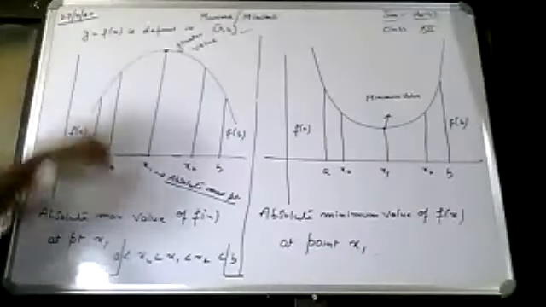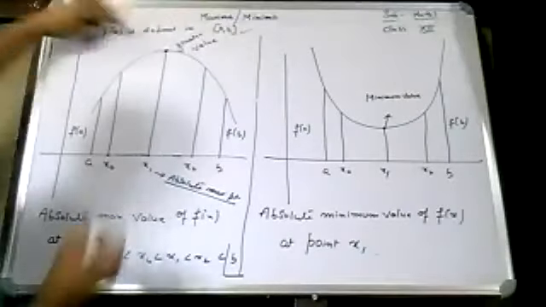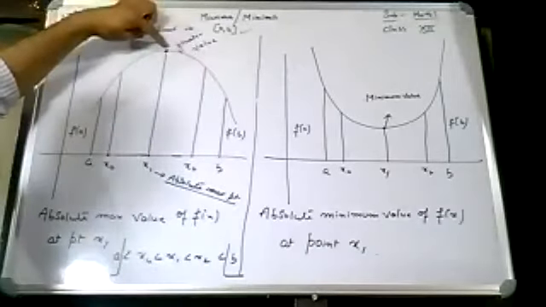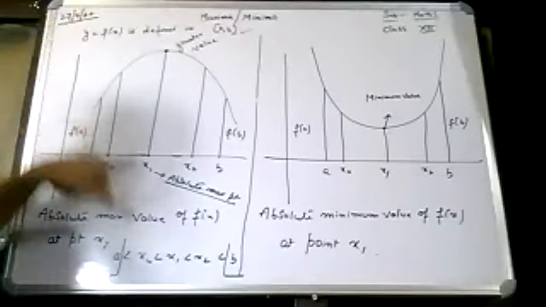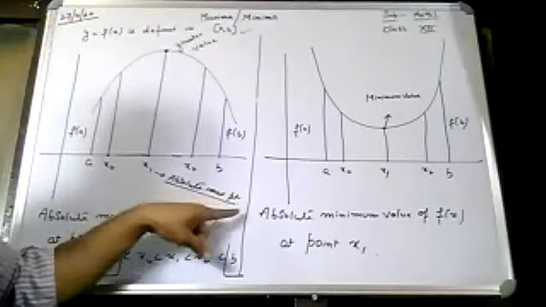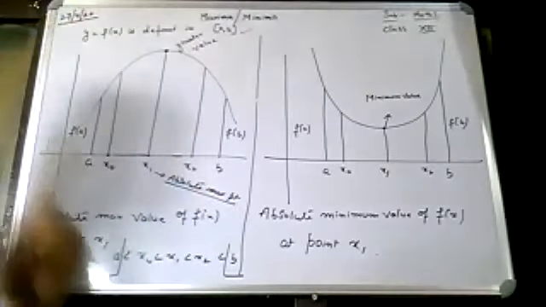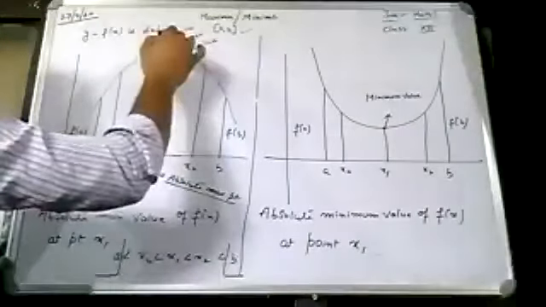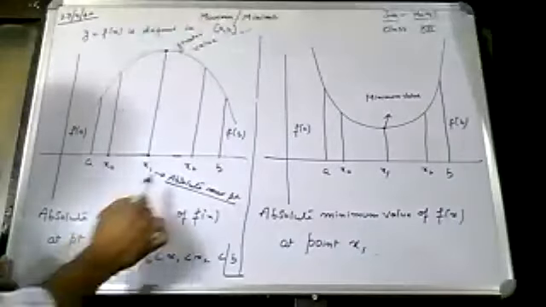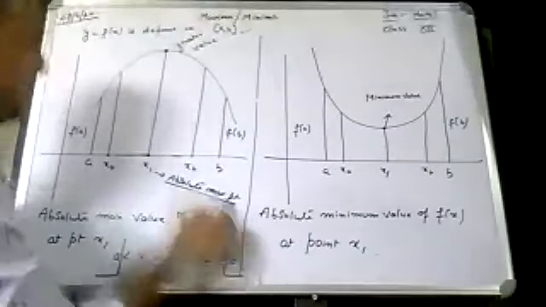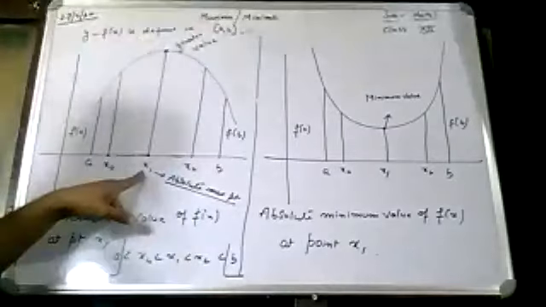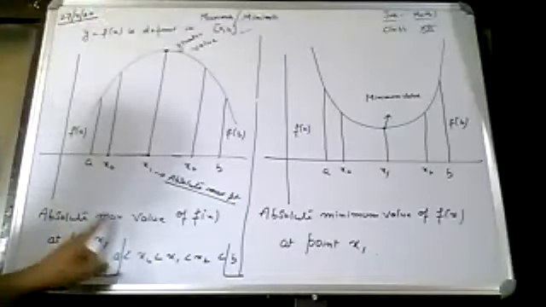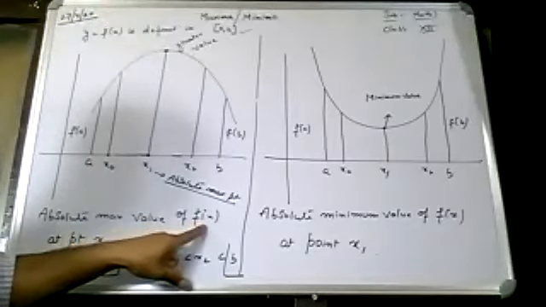So where the value is greater, you can see at x1 the curve touches its topmost point. So x1 is the absolute maximum point. Why? Because at this point you have the greatest value. So where is the absolute maximum of the curve y is equal to f of x?